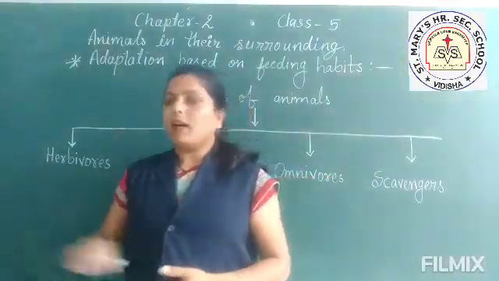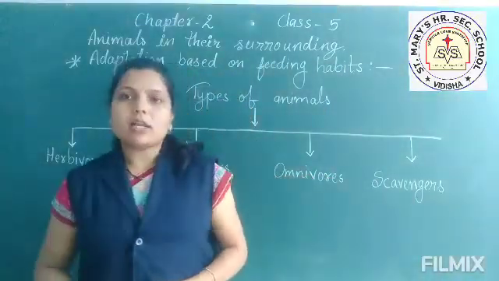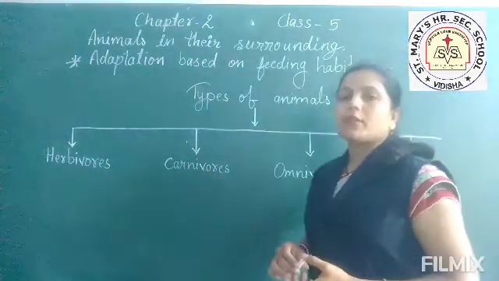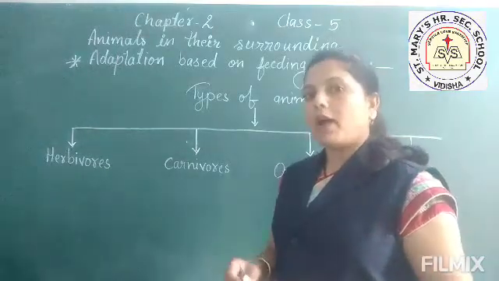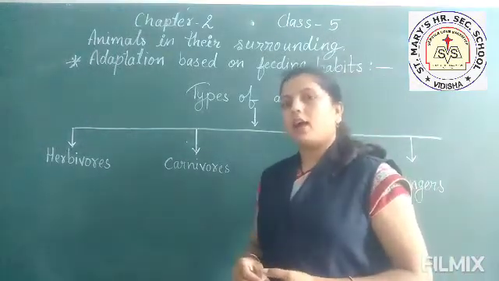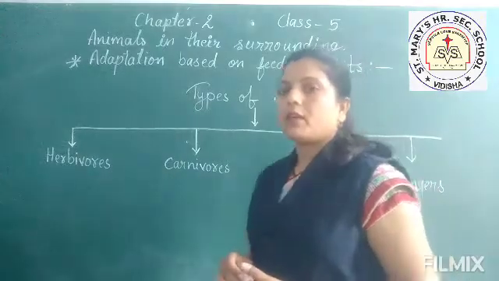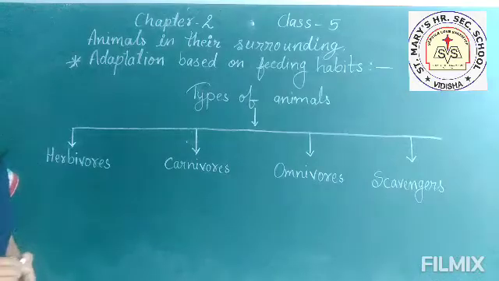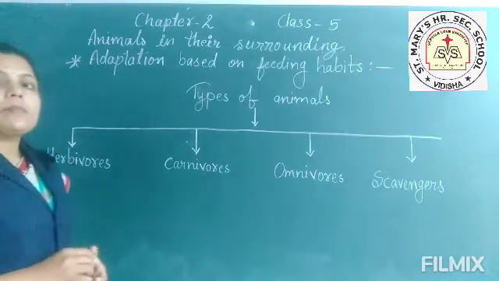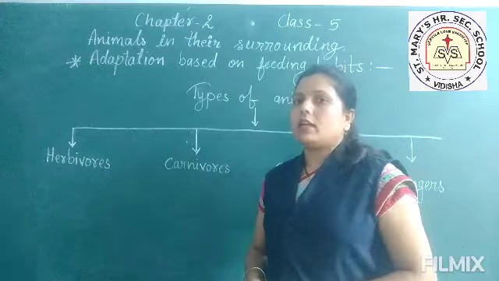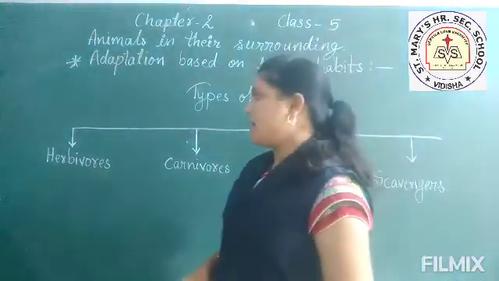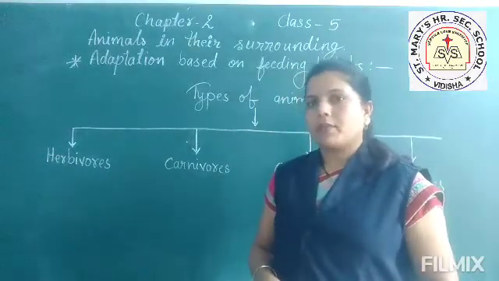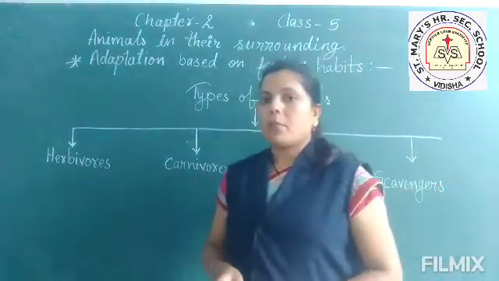So, what are herbivores? Herbivores are the animals which eat herbs, means plants, grass. They are called herbivores. They are totally dependent on plants. Due to their eating habits, their front teeth are very sharp and they are broad.